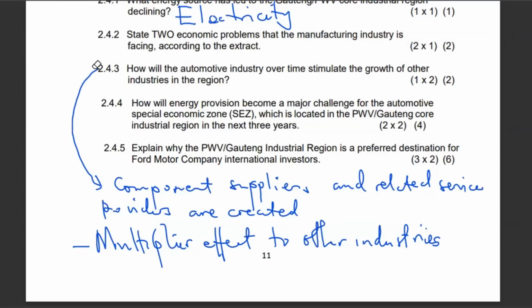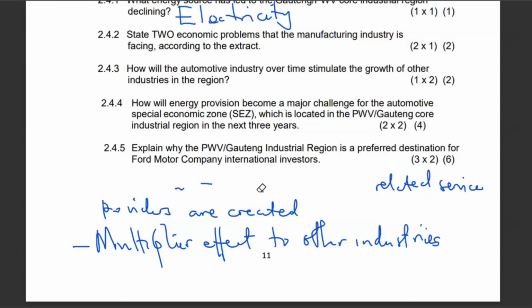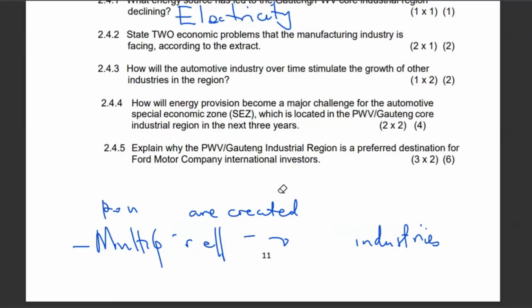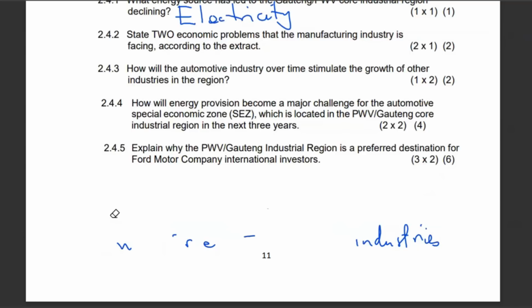Next question is saying, how will energy provision become a major challenge for the automotive special economic zone, which is located in the PWV Gauteng Core Industrial Region in the next 3 years? We are looking at energy provision. How is it going to be a major challenge?